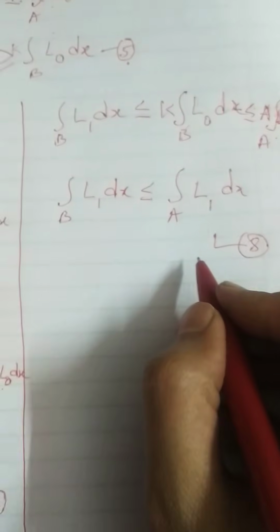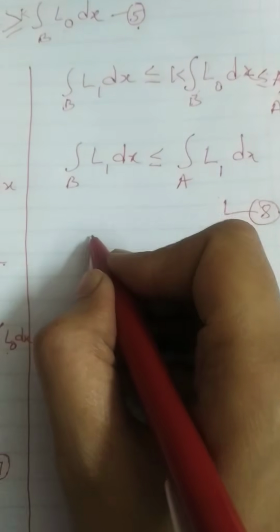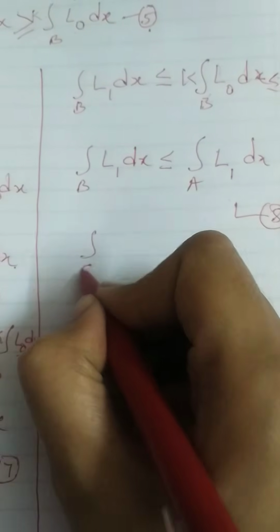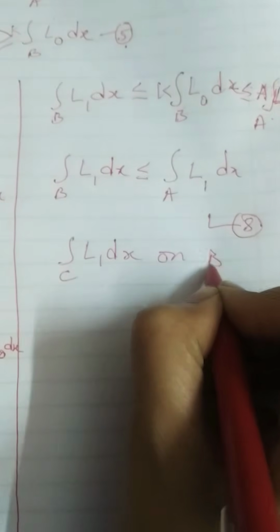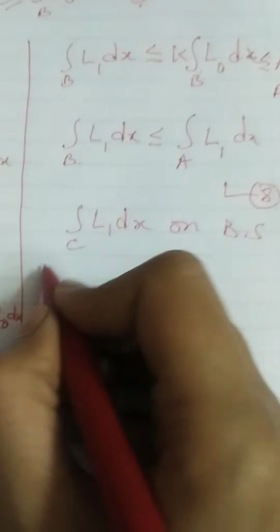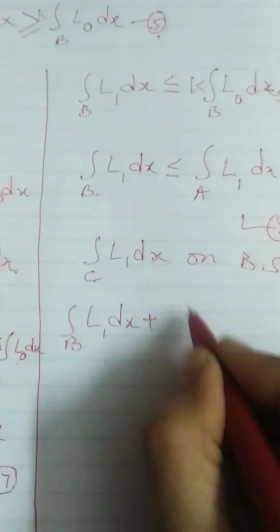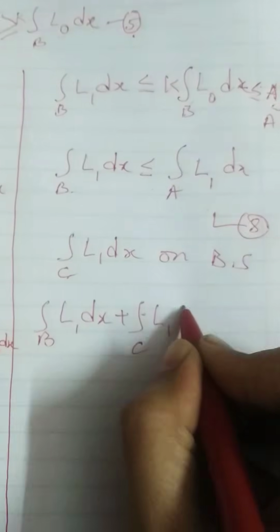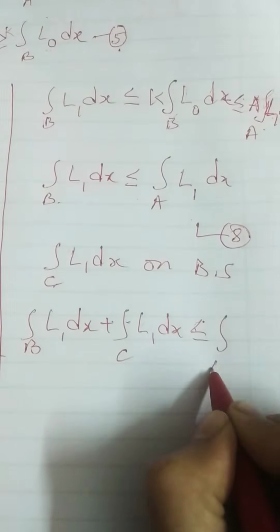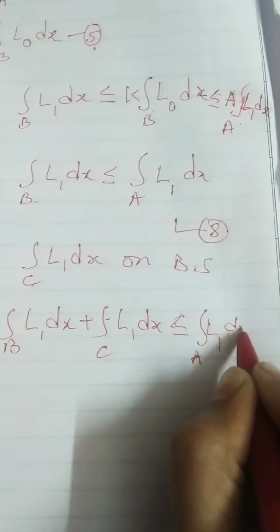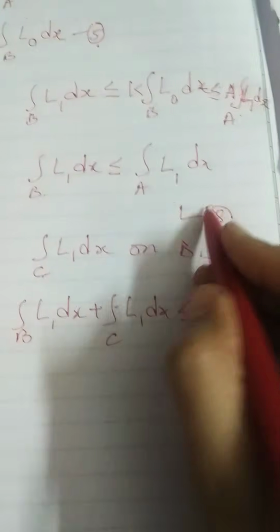Now after this students, after writing this, you can write, put integral of C L1 dx on both sides. If I put here integral of B L1 dx plus this integral C L1 dx, this less than or equal to integral A L1 dx plus integral C L1 dx.